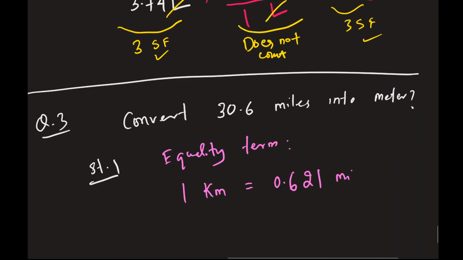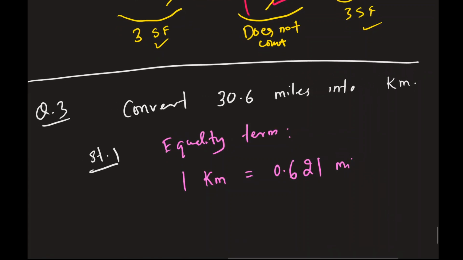So let's keep this problem simple, that way we're not going to add too many complex calculations for now. I'll do that later. So let's do this as kilometers. The point I want to make is it will be a little bit easier. So convert 30.6 miles into kilometers.